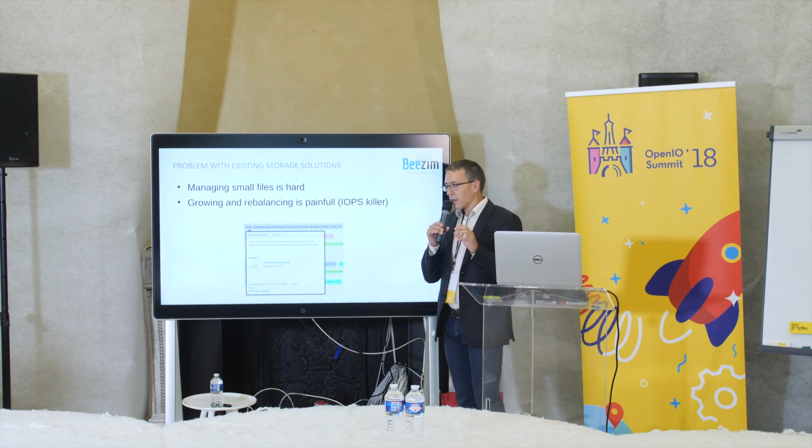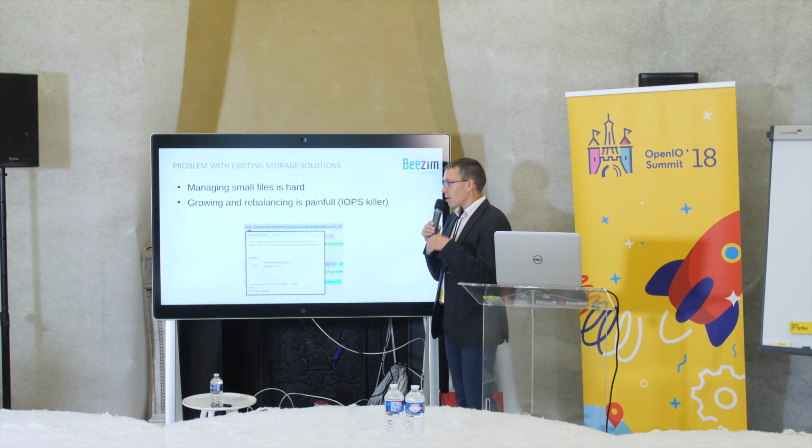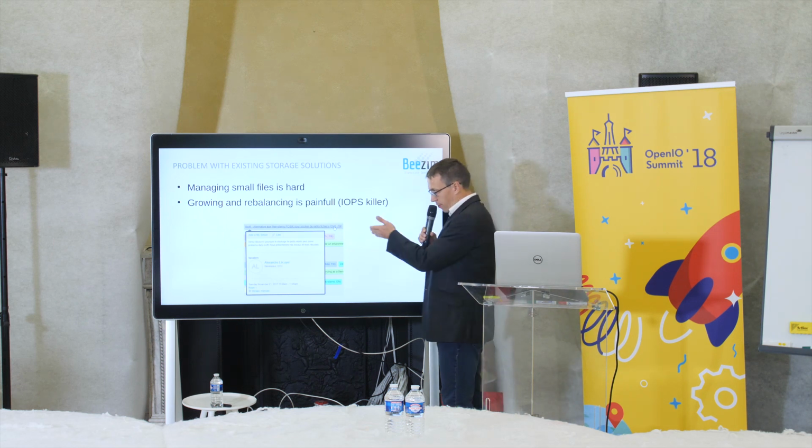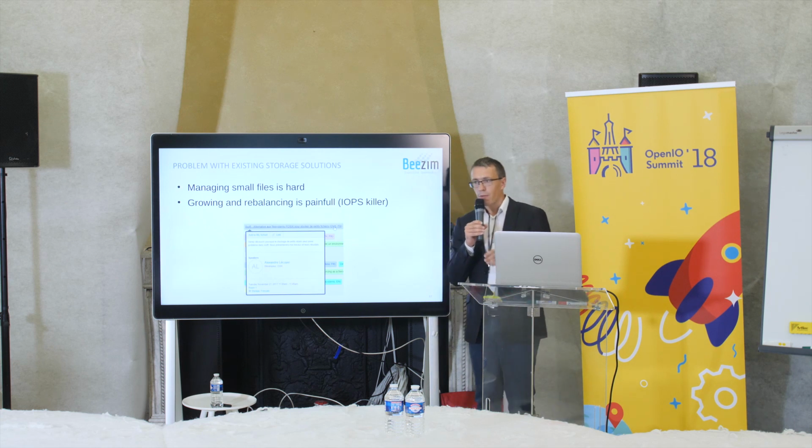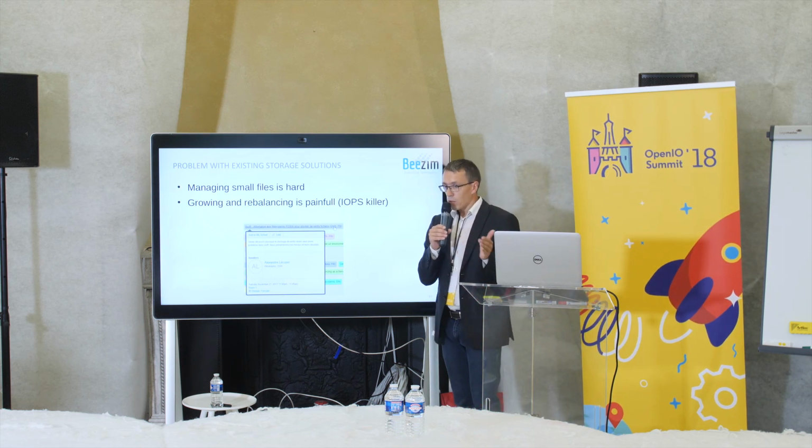That means they created something like a small file system to be able to concatenate files to store them in a Swift object, to have fewer objects to manage. It's a problem that exists with Swift, and I think with any object storage solution.